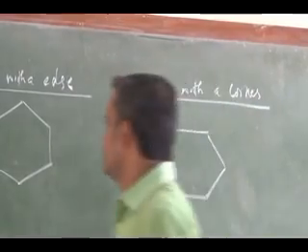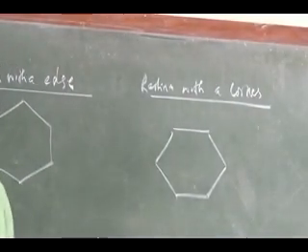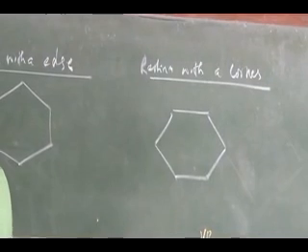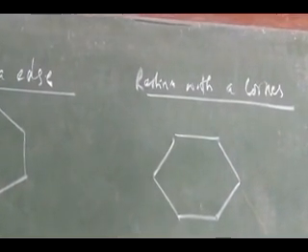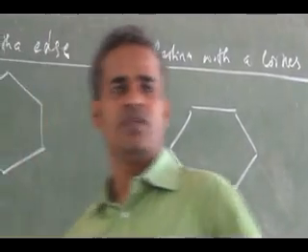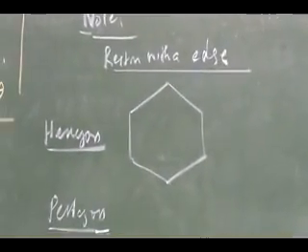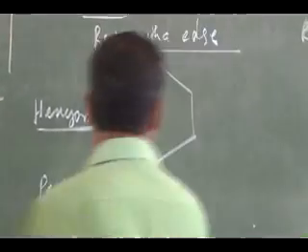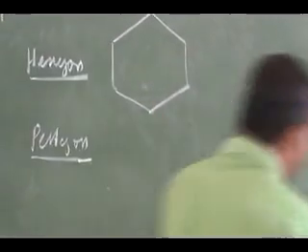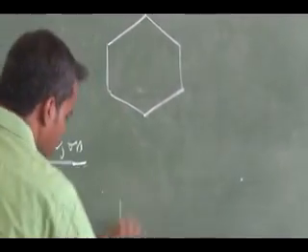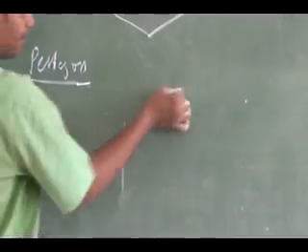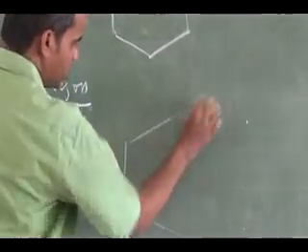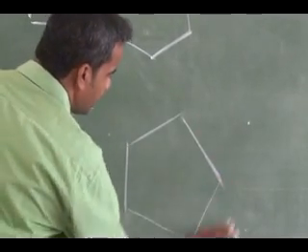So similarly, this is for the hexagon. If it is a pentagon, how can you draw it? If it is resting with the edge or corner, both are going to be the same. I can draw it in this orientation. So edge I can keep vertical, and I can draw the pentagon like this.